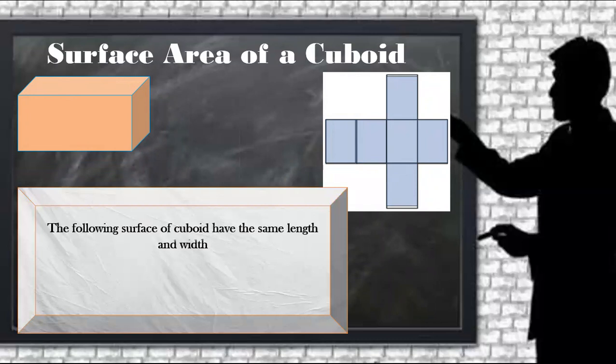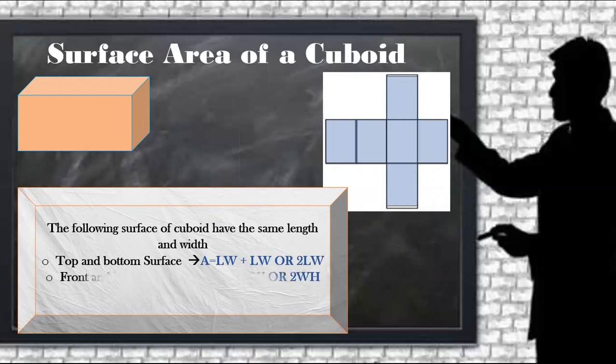The top and the bottom surfaces of the cuboid have the same length and width. So the area of those both surfaces is length times width plus length times width, or 2 times length times width. Similarly, the front and the back surfaces are height times width plus height times width, or 2 times width times height.